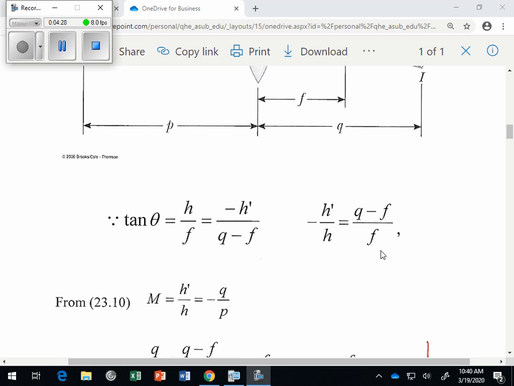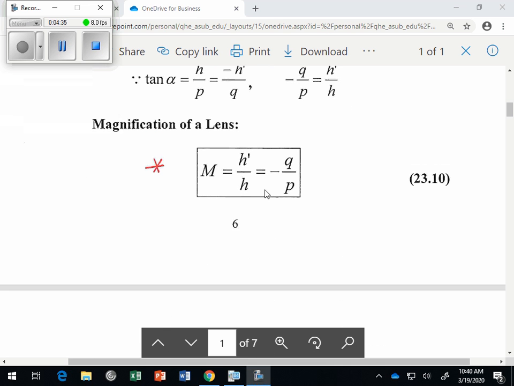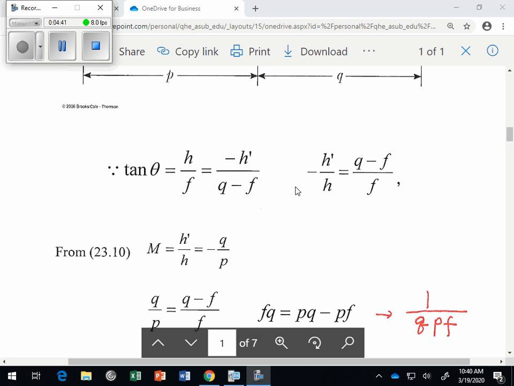Now remember from the last one, we already have the conclusion: h prime over h equals negative q over p. We're going to use that here.